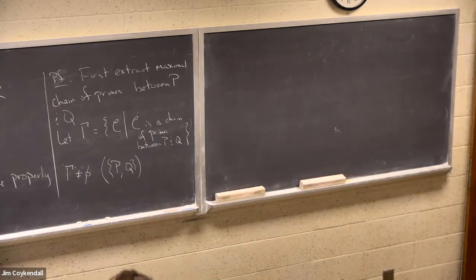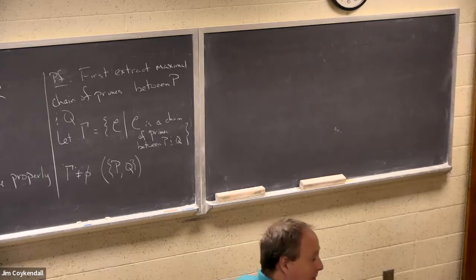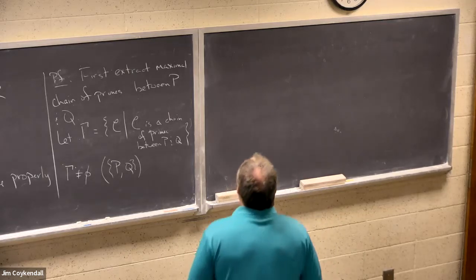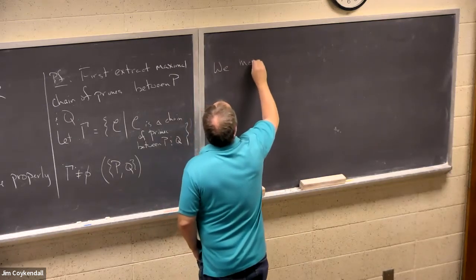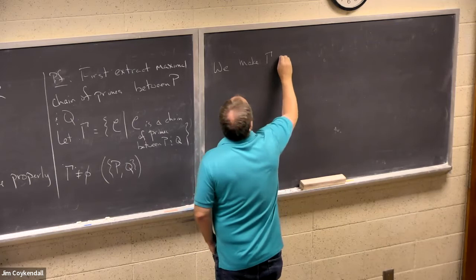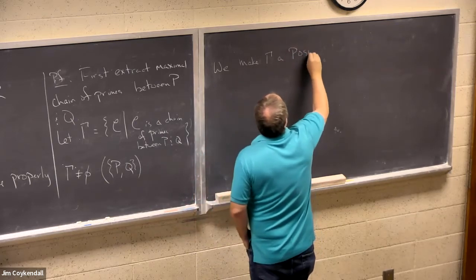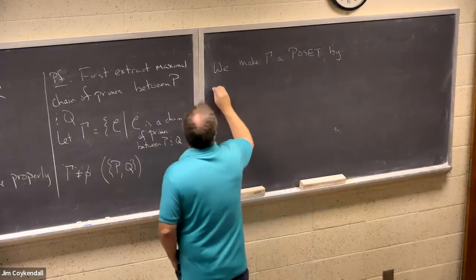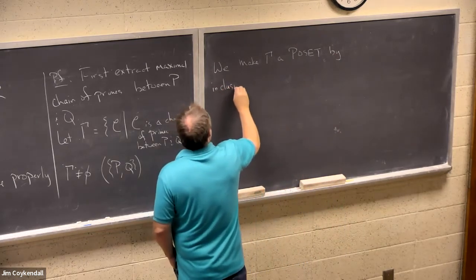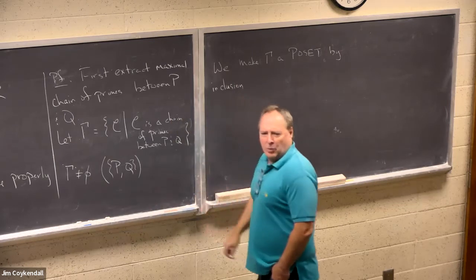How do we want to partially order this? That might be a little bit more of a mystery. What's the appropriate partial order to put on this? We make gamma a poset by inclusion. Let me make this more precise.